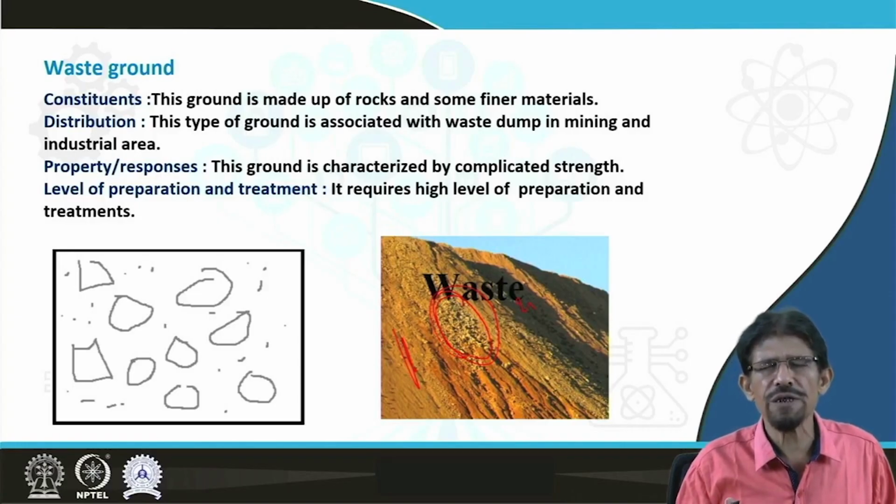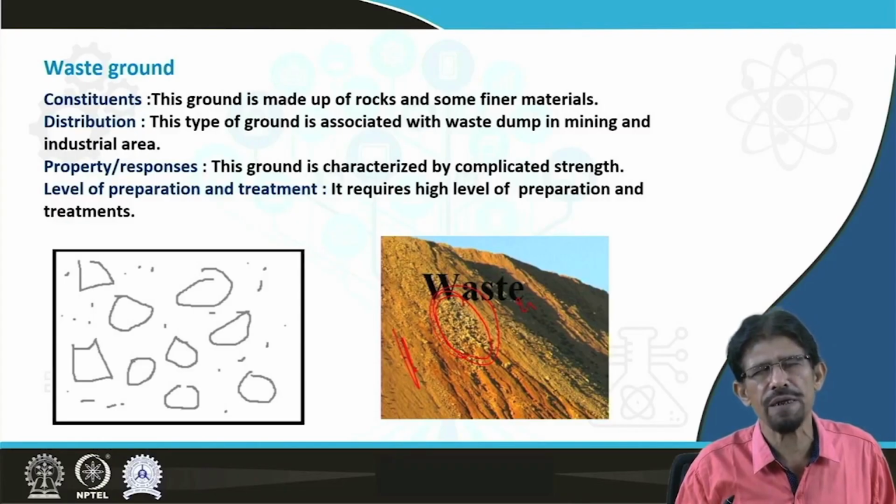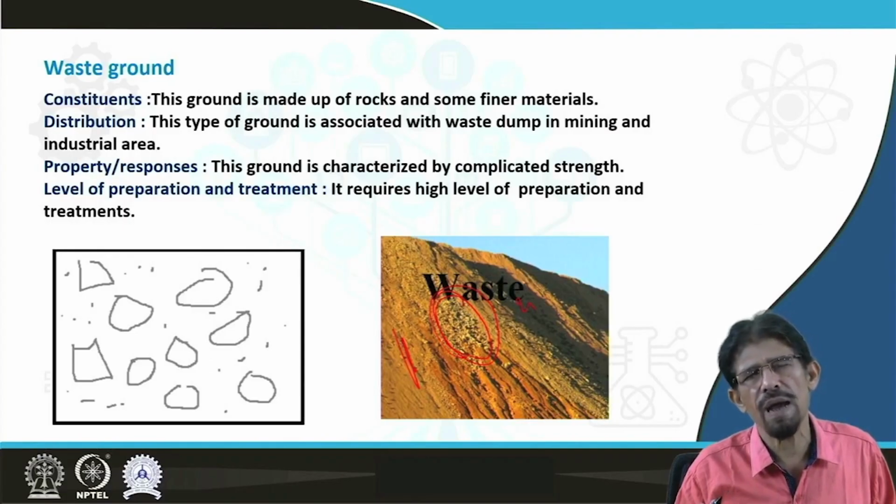So we can say that this type of ground comprises a variety of materials showing a wide range of sizes and shapes. Therefore, the hardness and strength response of such ground is very uncertain and requires a high level of preparation and treatment.